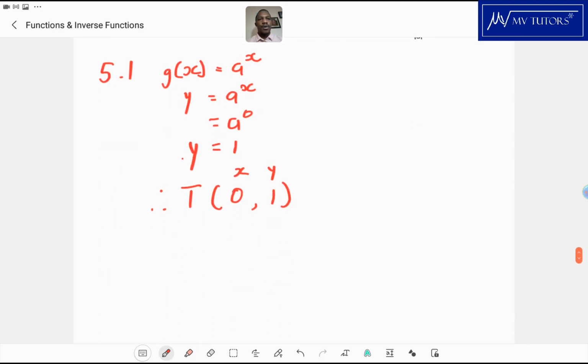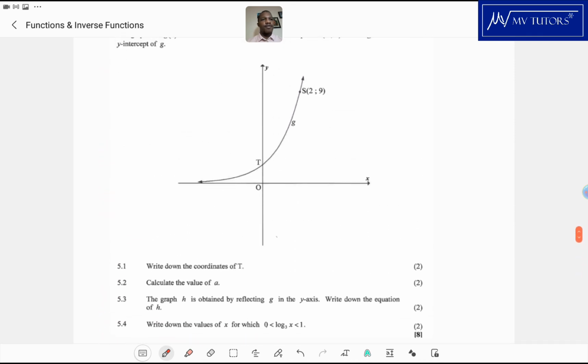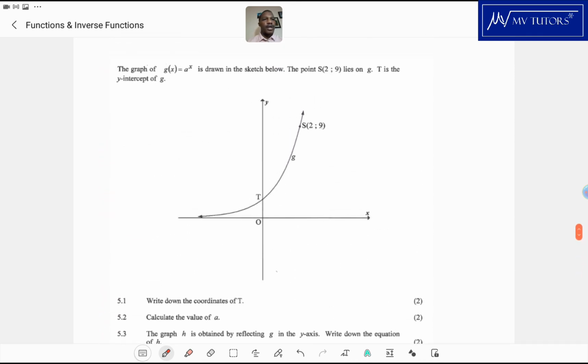Calculate the value of a. Okay, so once again, 5.2, what do we know? We know the formula is y is equal to a to the power x. So what we need to do now is substitute. We need a point where this graph passes, and we've been given a point, it's (2, 9).